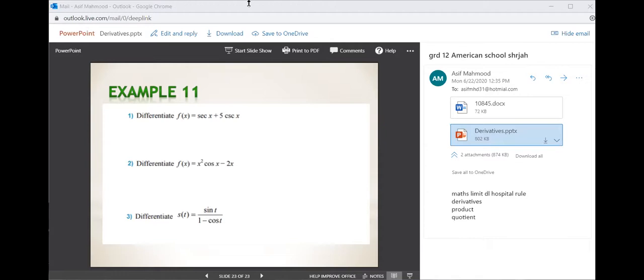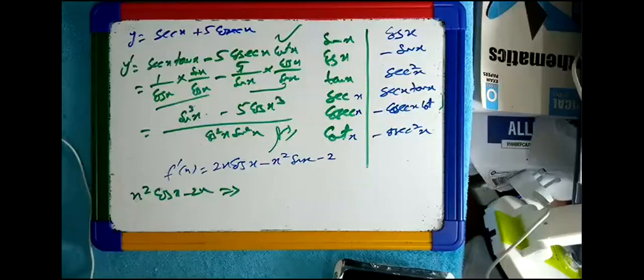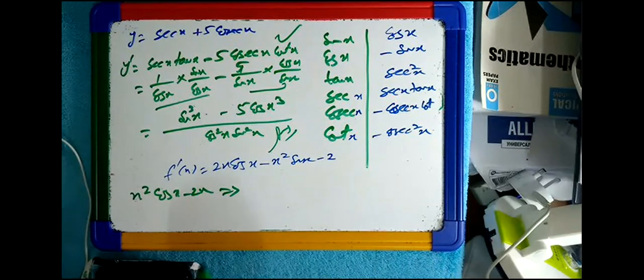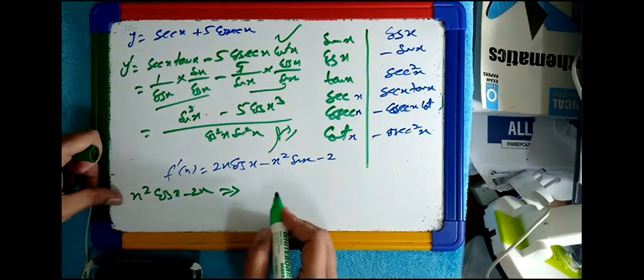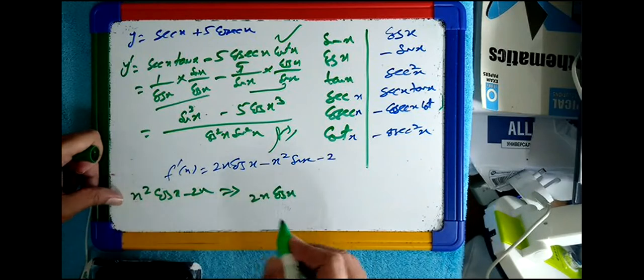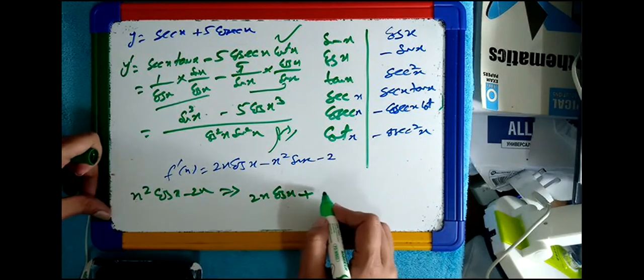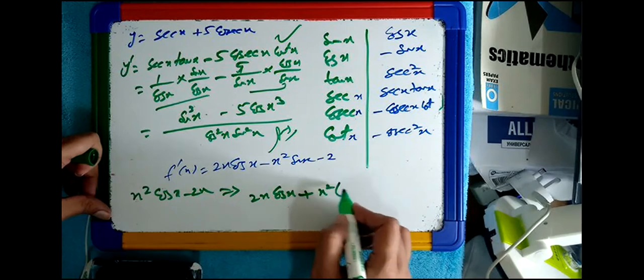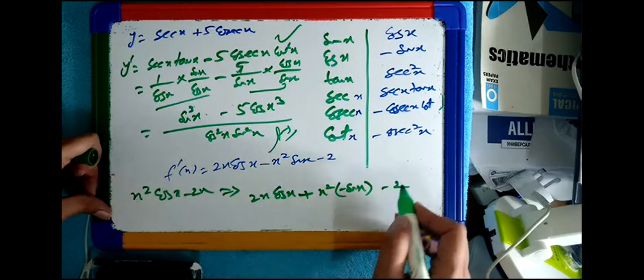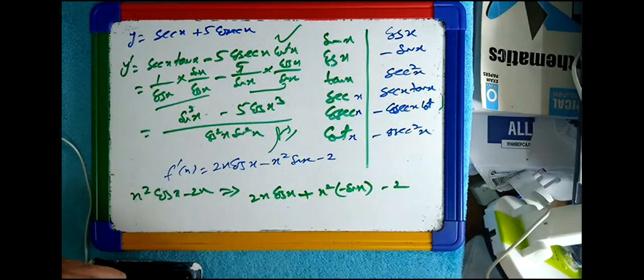If I apply the product law over here, I get 2x cos x plus x squared times minus sin x, and then minus 2. Mashallah, you have done 100% correct.